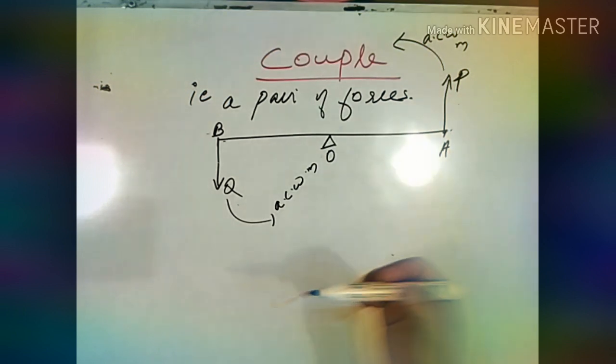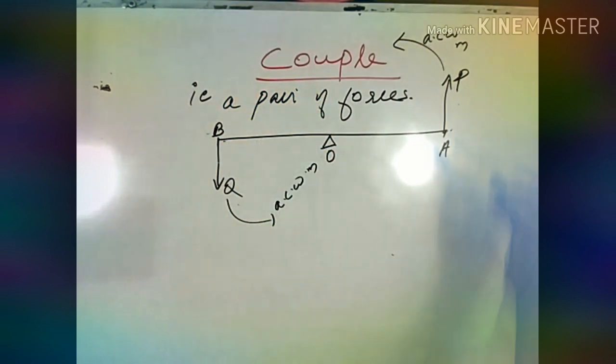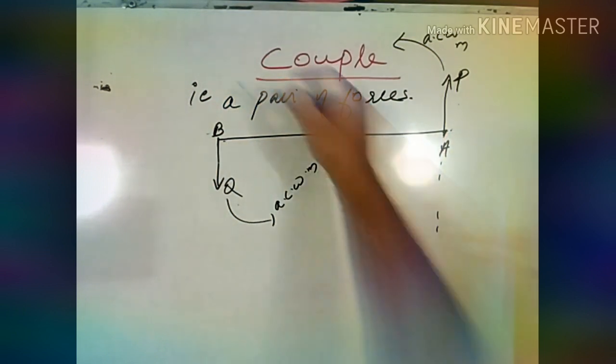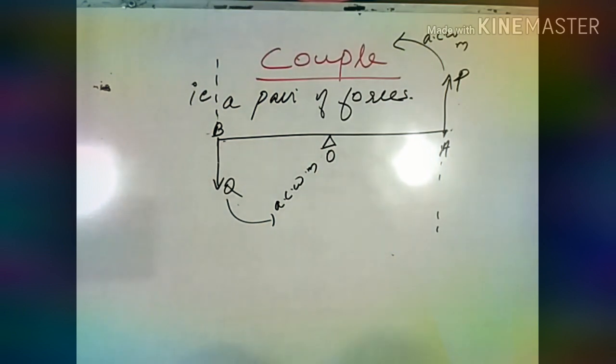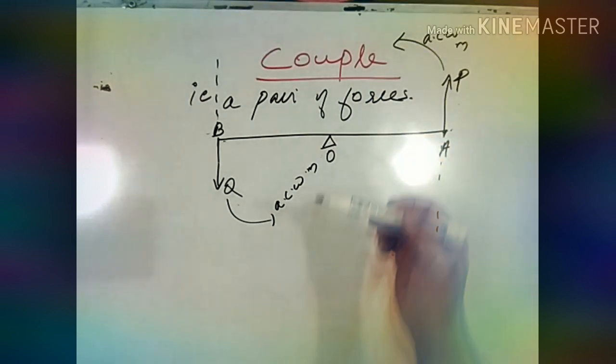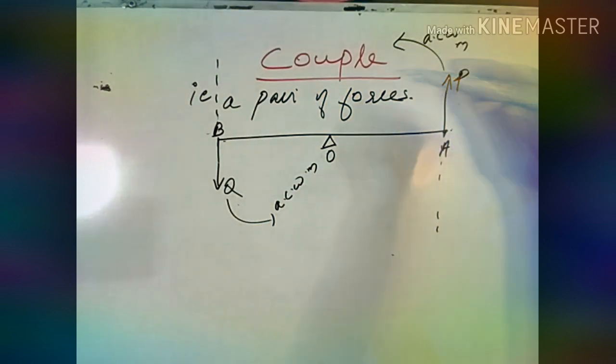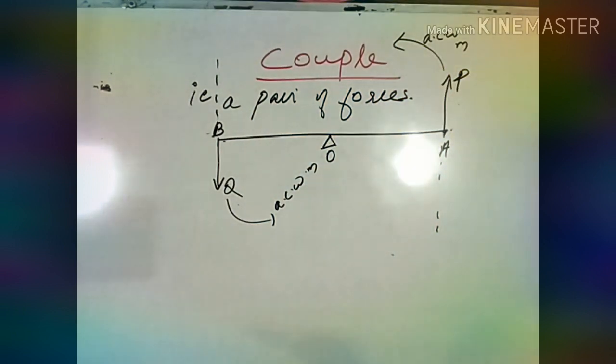Two equal, unlike and parallel forces whose lines of action are not the same form a couple and produce a rotational effect. What is the effect of this couple? A couple always produces a rotation, or we can say that a couple is always needed to produce a rotation. Alright? Okay.